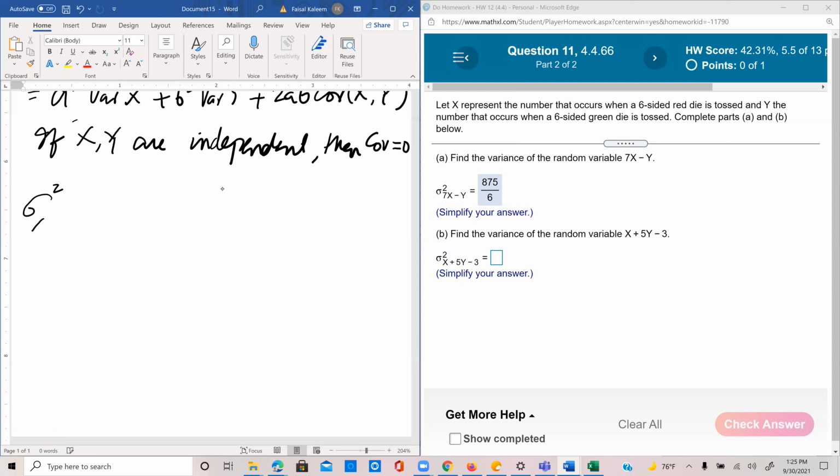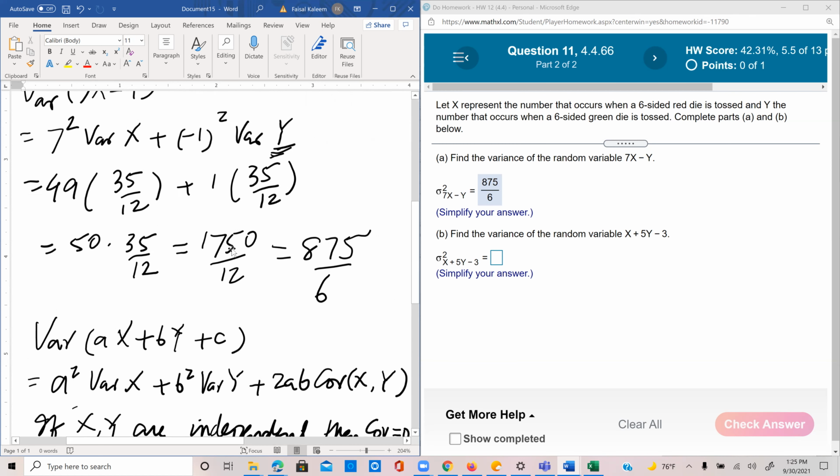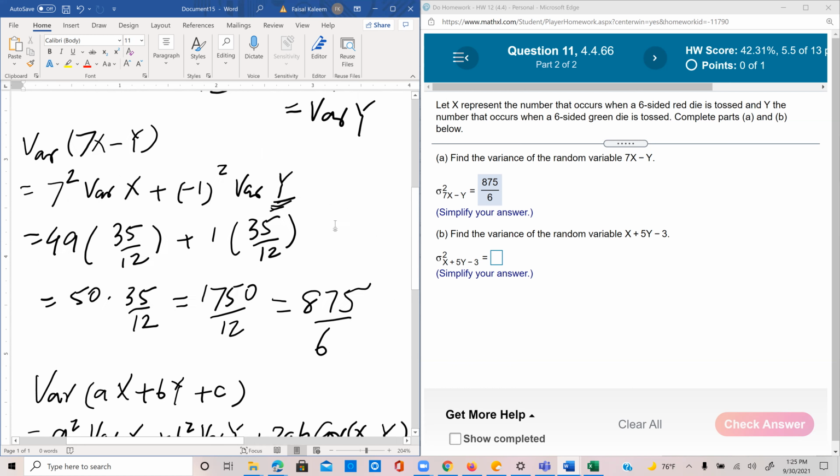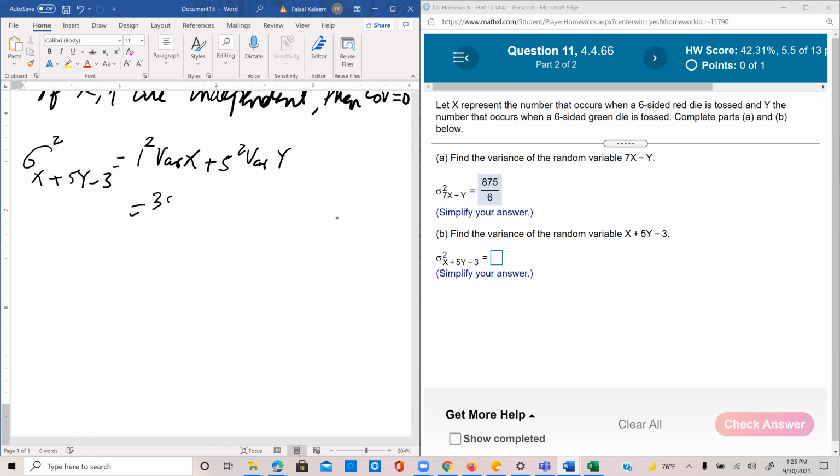Similarly, over here, variance of X plus 5Y minus 3 would be 1 square variance X plus 5 square variance Y. And the covariance term would be 0 because X and Y are independent. What shows on one die has nothing to do with what shows on the other die. That's why they're independent. And variance of X was 35 by 12. And 25 times 35 by 12.